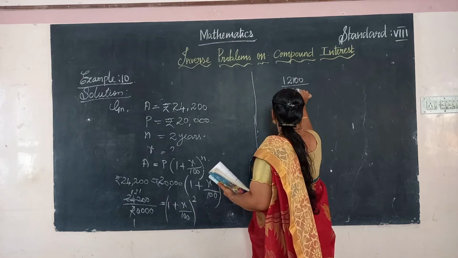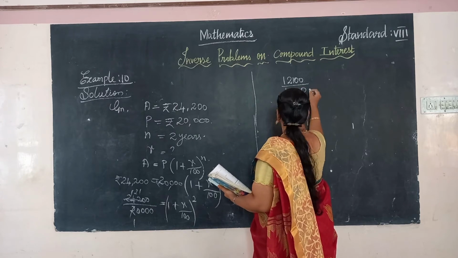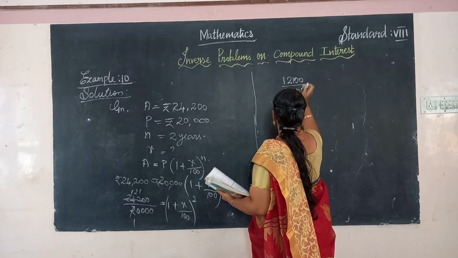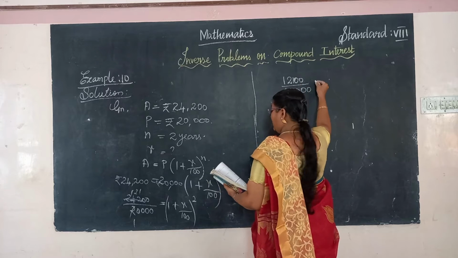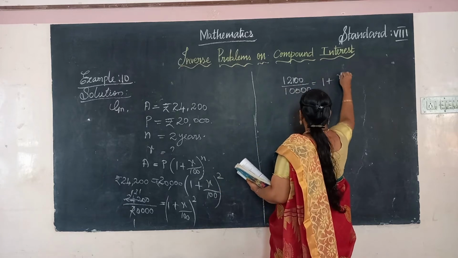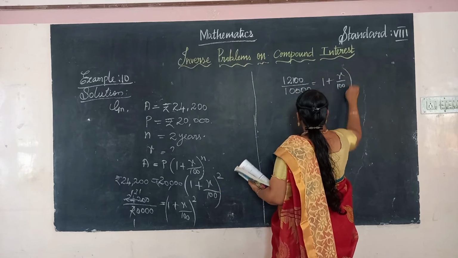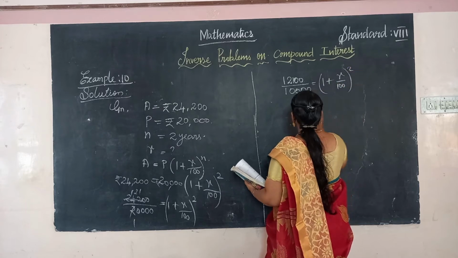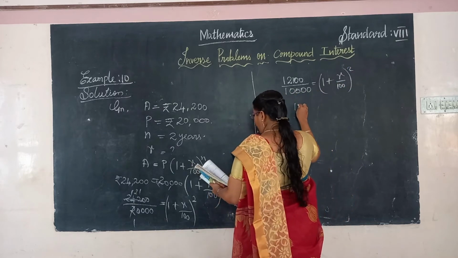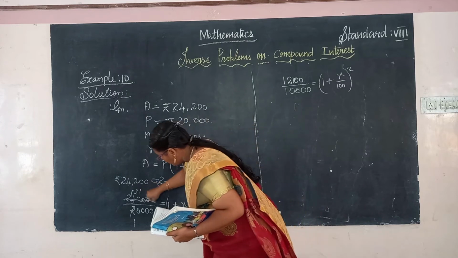1, 10,000. So 1 plus r by 100 the whole square. Now we can write easily. Here 2 zeros will be cancelled.